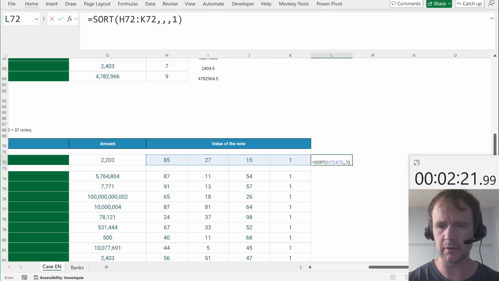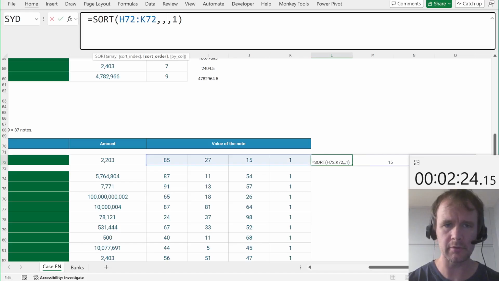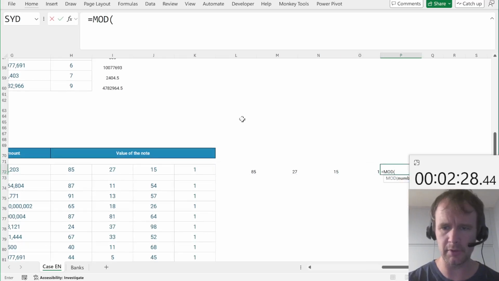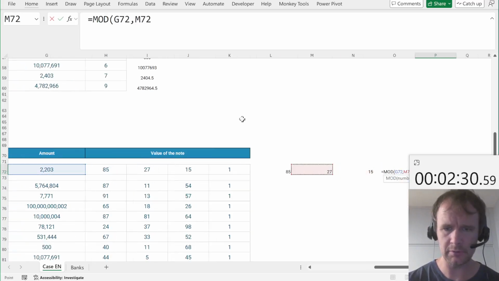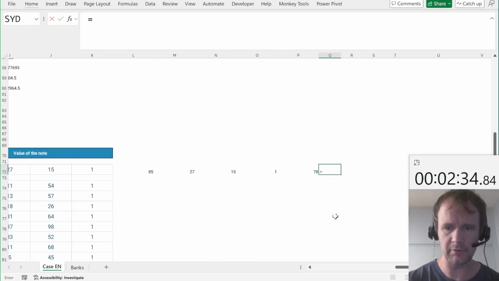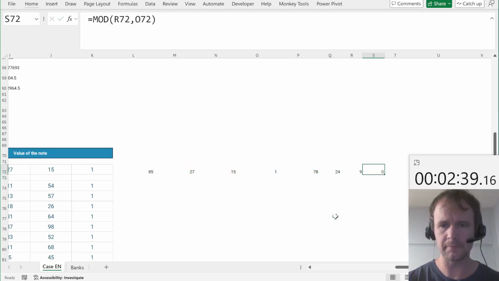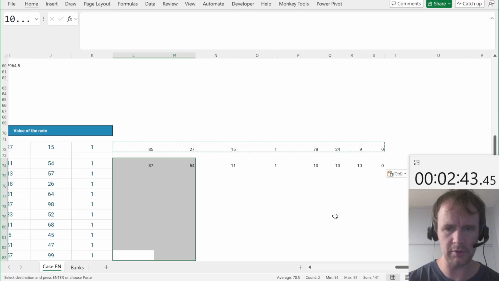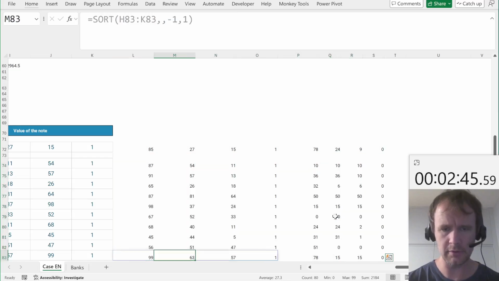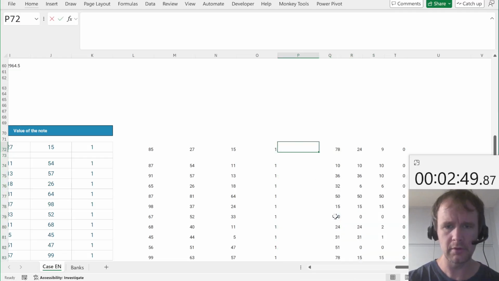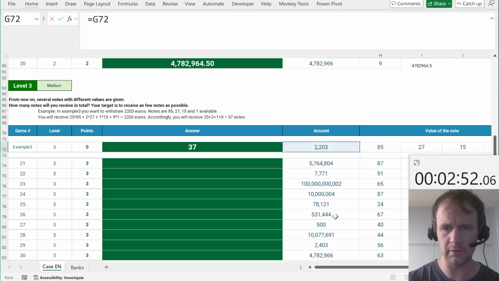Sort by column. And I guess I want to sort in the other direction. Okay, so first we'll say mod of this by this. We'll leave you at 78, and then mod of that by that. And that, and that. Hopefully it'll always leave you at 0. And actually, this formula would be easier to keep consistent if we just link this to here.